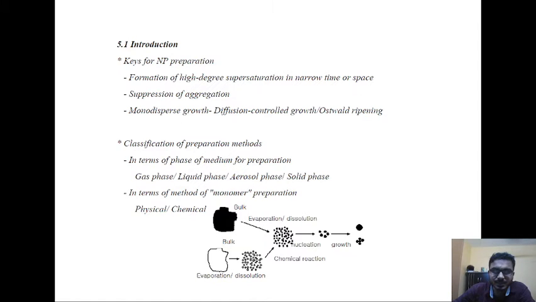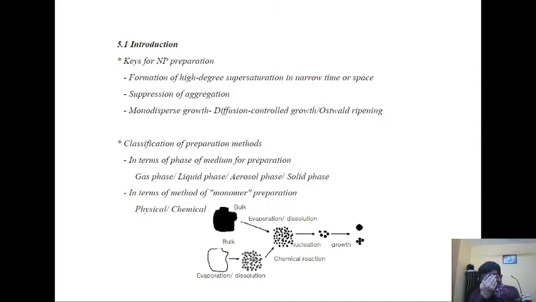So there are three key points for nanoparticle preparation. First is formation of a high degree of supersaturation in narrow time or space. So to form nanoparticles we require a high degree of saturation.